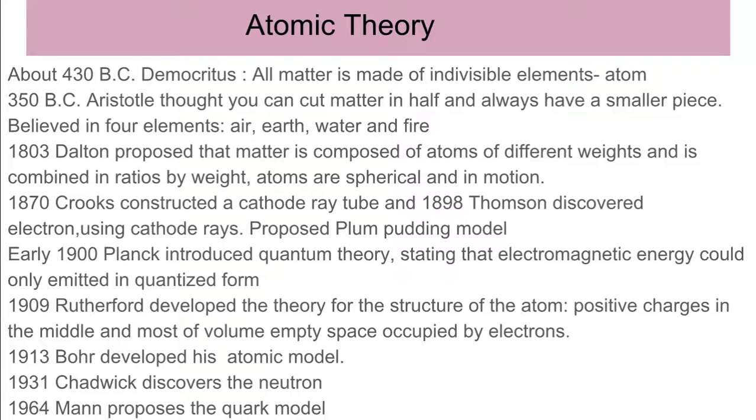And in 1964, Gell-Mann proposed the quark model. All these developments brought us to today's model of the atom, which is perfected because we can do scanning tunneling microscopy, and we can have pictures of atoms through different fancy methods in the computer and have an idea of the atom's model.